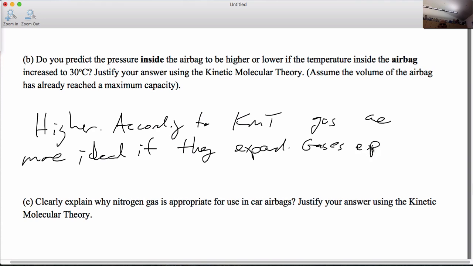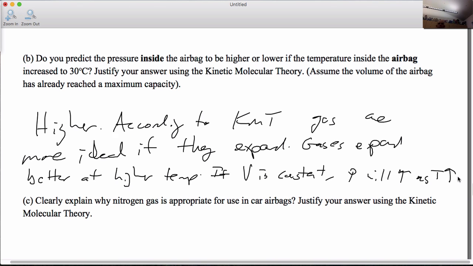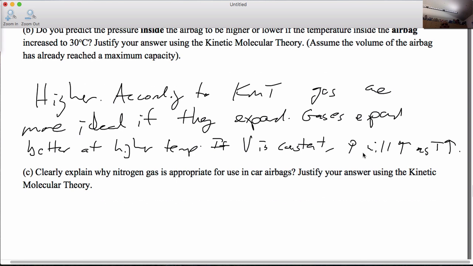Gases expand better at higher temperatures. If V is constant, P will increase as T increases. So as those gas particles gain more kinetic energy, the pressure against the walls of the container will increase.